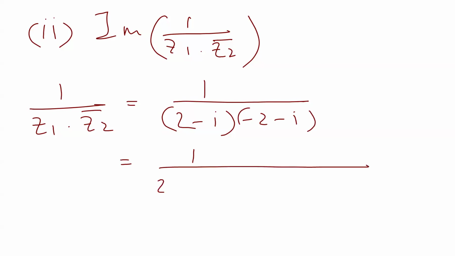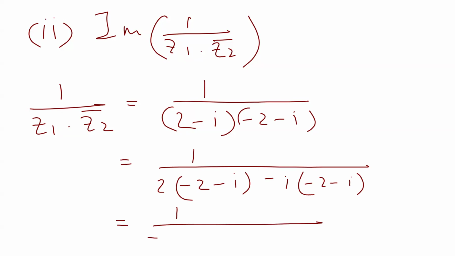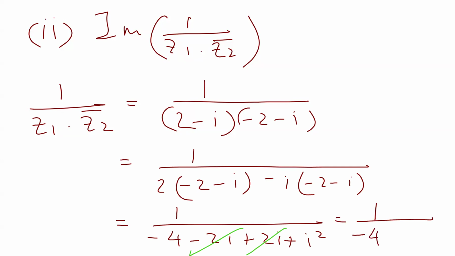Okay, so this will be 2 into minus 2 minus i. Just simplify this. Minus 4 minus 2i plus 2i plus i square. So plus 2i minus 2i is gone. i square is minus 1. So this will be minus 4 and this is minus 1. So the answer of this is 1 upon minus 5.